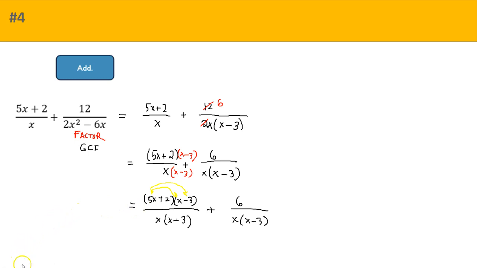Okay, I lost my cursor there. Come on. All right, here we go. And then we're going to do the same thing with 2.